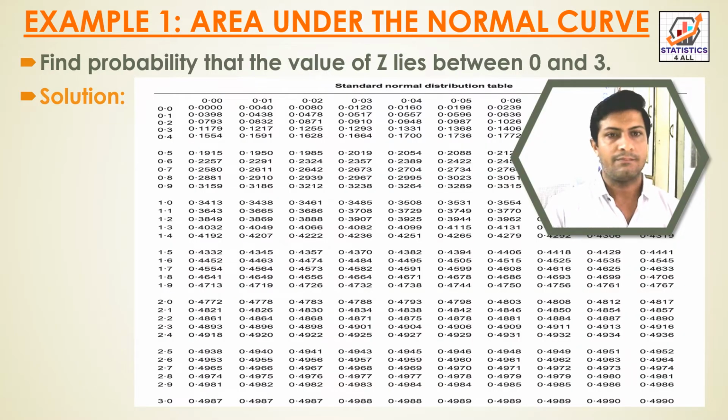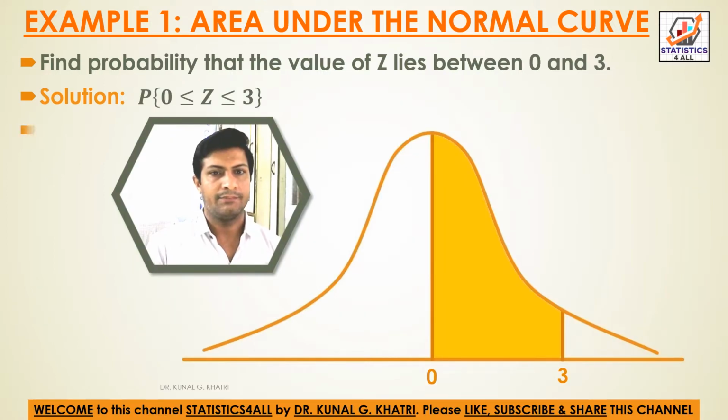Now from the table, we look up 3 and 0.0. So the value from the table is 0.4987. This yellow shaded region has area 0.4987.